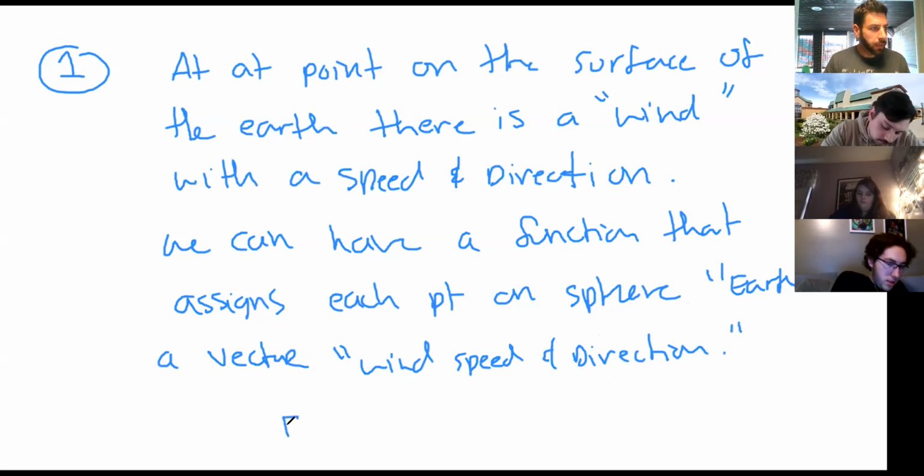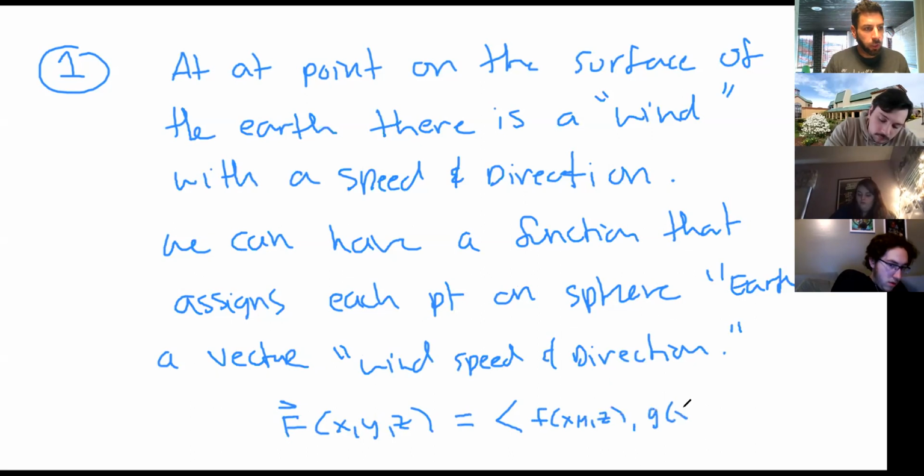So maybe that is, what's the point on the sphere? Well, it has an X, Y, and Z coordinate, and it spits out some vector. Maybe we'll call it little f of X, Y, Z, and then little g of X, Y, Z. And then what's another one? I don't know.